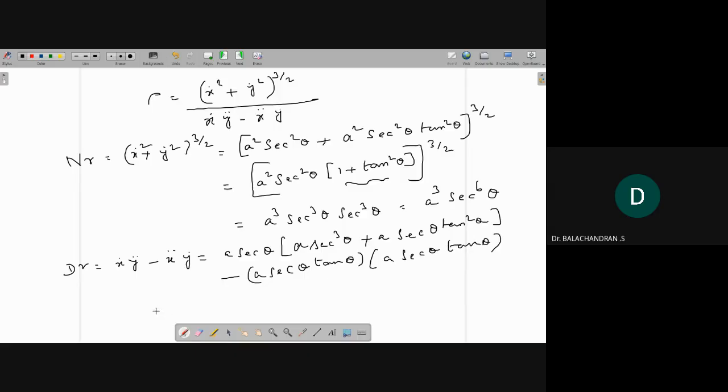Now if you simplify this, you can write it as a square secant power 4 theta plus a square secant square theta into tan square theta, and then minus a square secant square theta tan square theta.